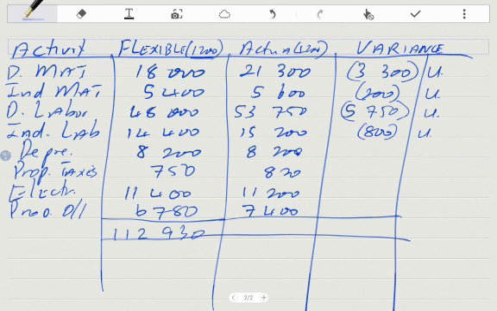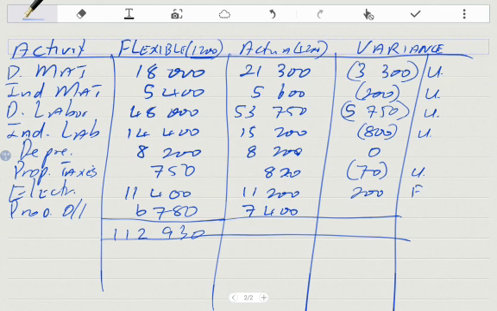Coming to depreciation, because it is a fixed amount, the variance is 0, which is positive. Property taxes: the plan shows 750, but actually it is 820, so you've got an unfavorable 70. Electricity 11,400, but the actual result is 11,200, so this one is positive, favorable.